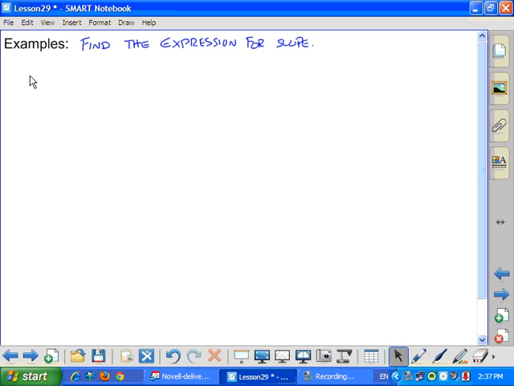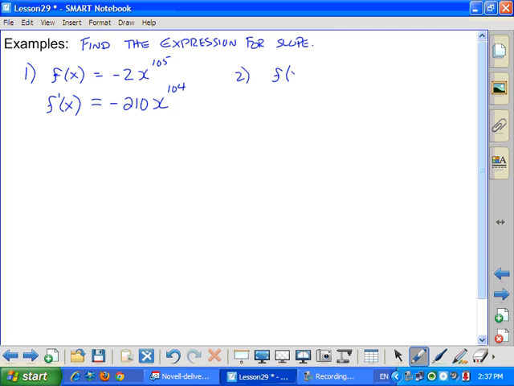For number 1, if our original function f of x was equal to negative 2x to the 105, the derivative would be negative, double that, 210, x to the exponent 104. So the exponent decreased by 1, and we multiplied the coefficient by the original exponent.